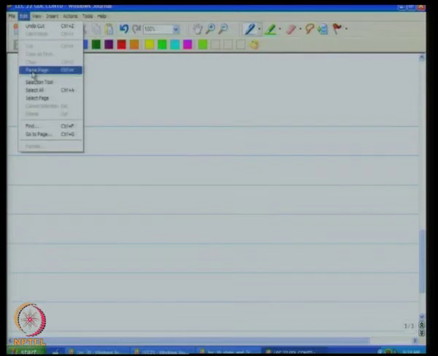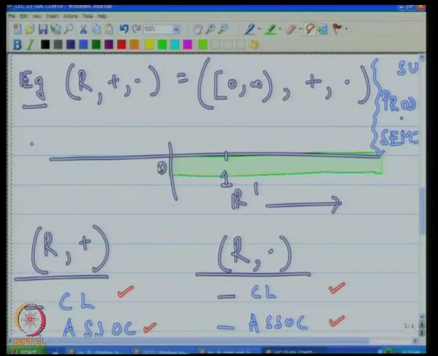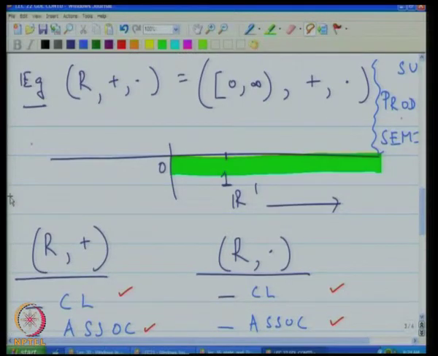Let us see if I can paste page. Okay, here we go. I have reproduced an example here, and because our third example is in a setting similar to our second example, there are certain differences, so I will point them out.